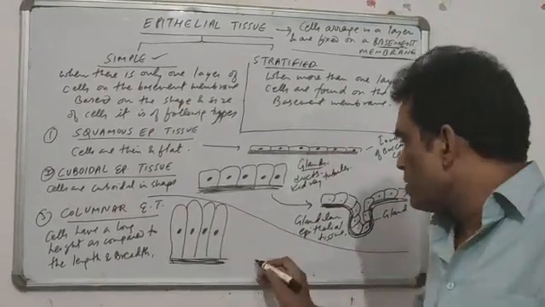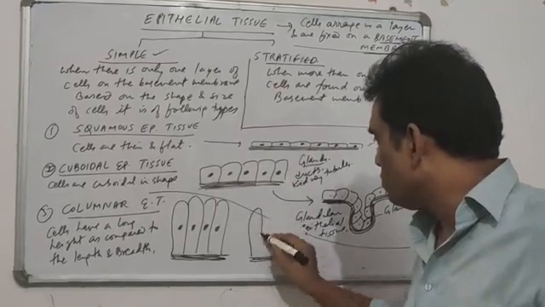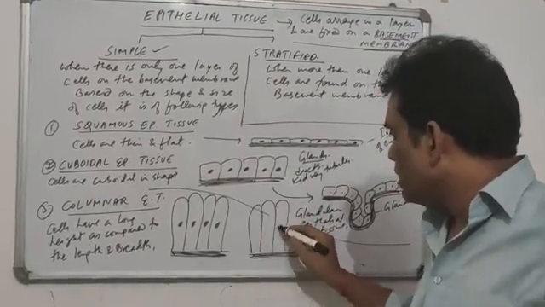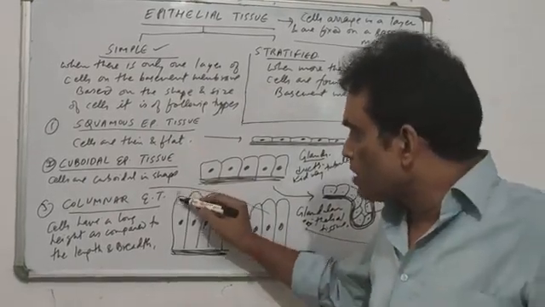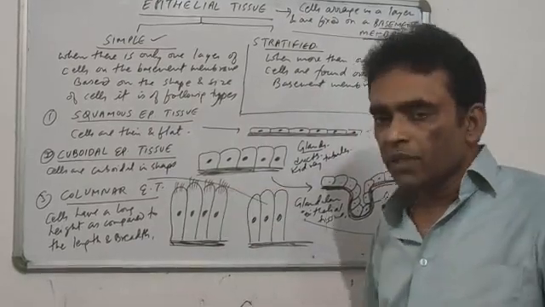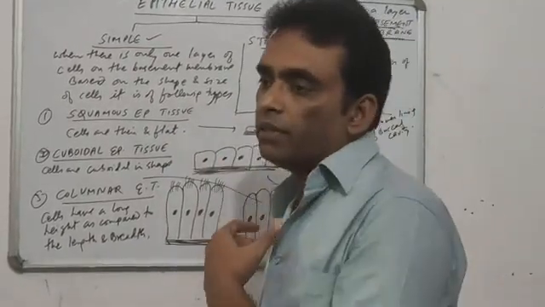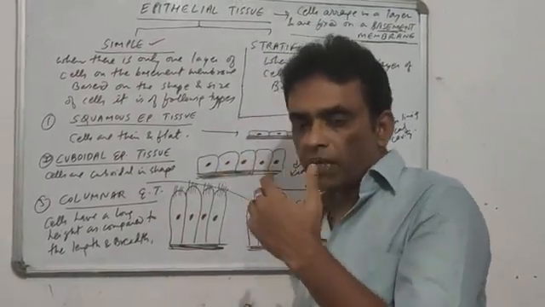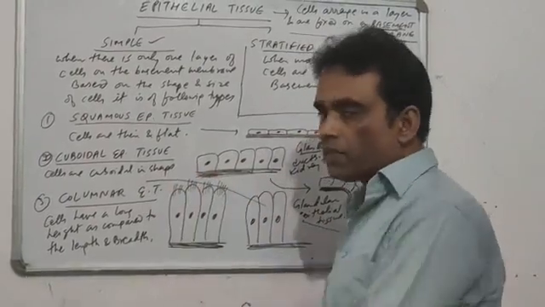The difference between this is the modification that we find here. You can see, I will draw one more structure here. There are some columnar epithelial tissues which have hair-like projections at their tip, like this. They help in the movement of particles, like say in your respiratory tract. There is mucus secretion, dust particles are there. Dust particles and mucus are moved by the movement of this cilia.